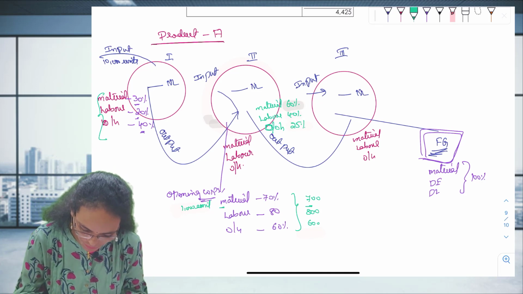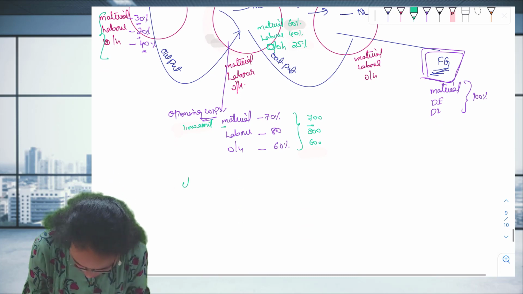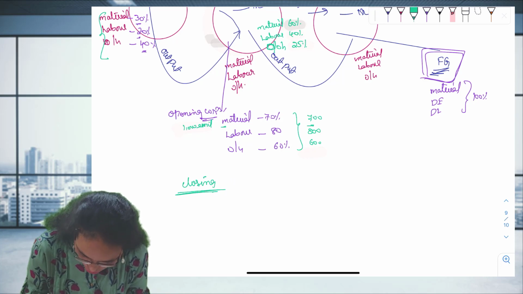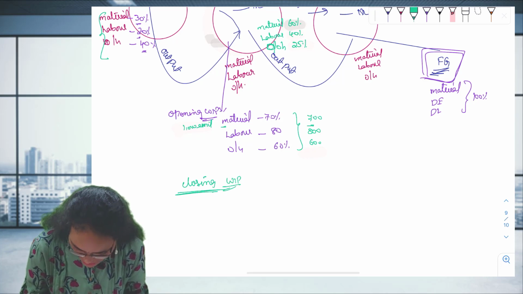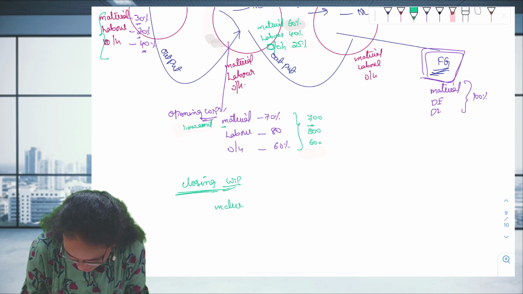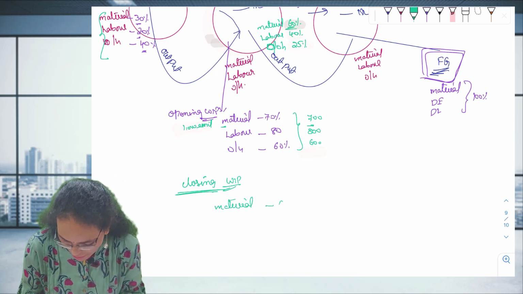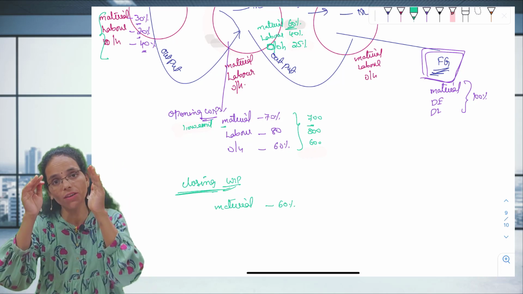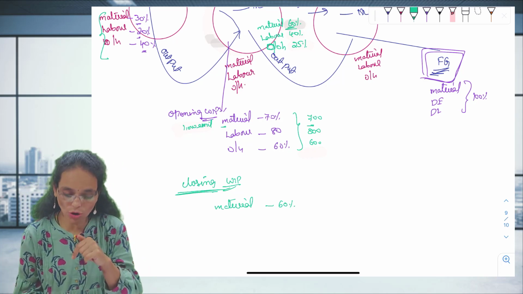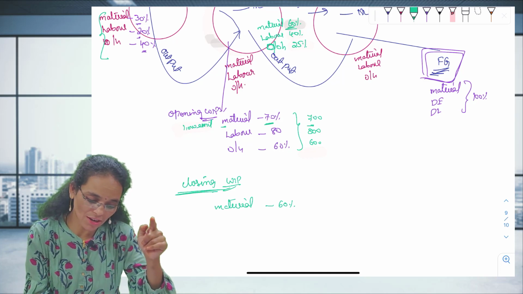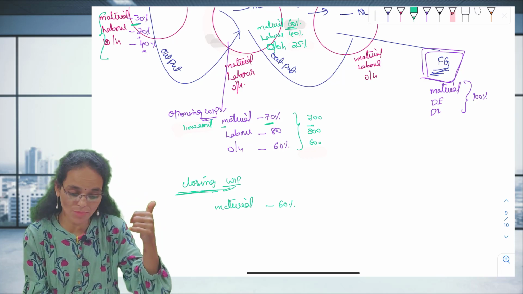So come back here. This is the opening one, and the closing one is closing work in progress, not the stock. For closing work in progress, I will say material 60%. 60% only I will write, because 60% only work is done here. But you may get the doubt, why are you taking 70%, madam, when the previous process has completed 30%?